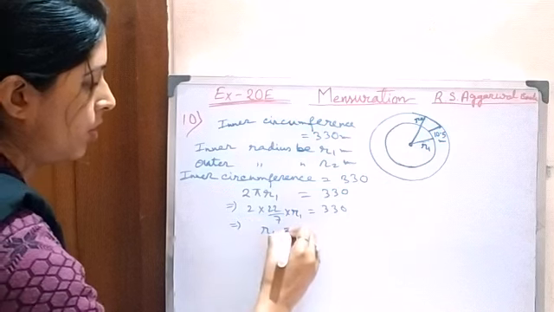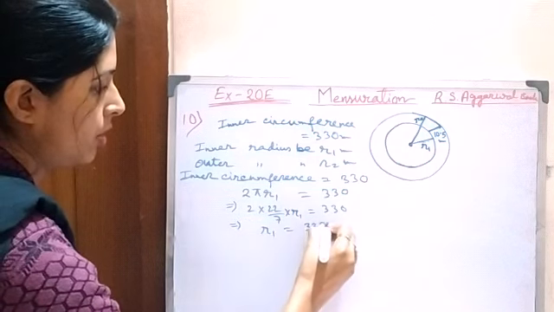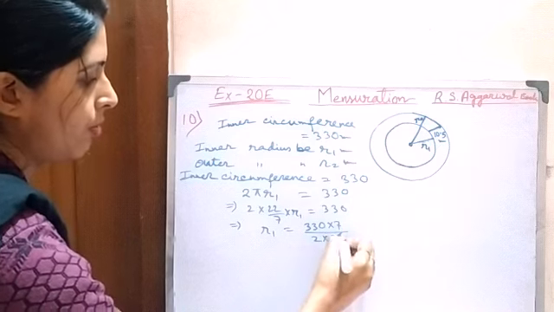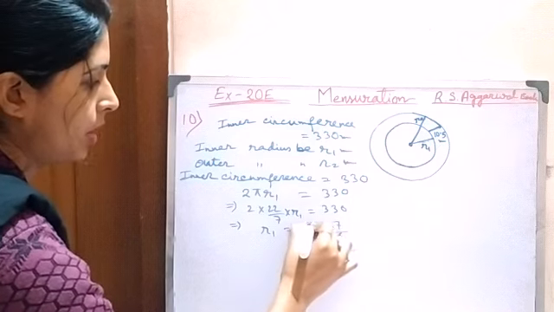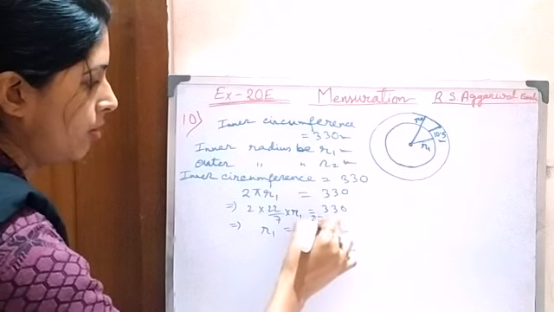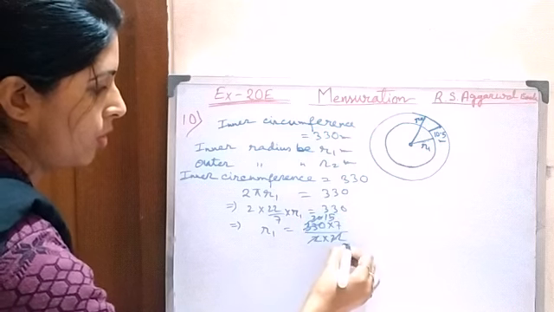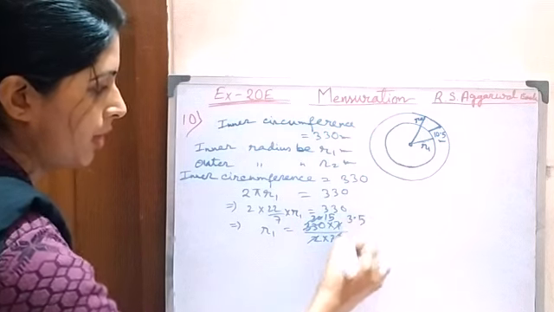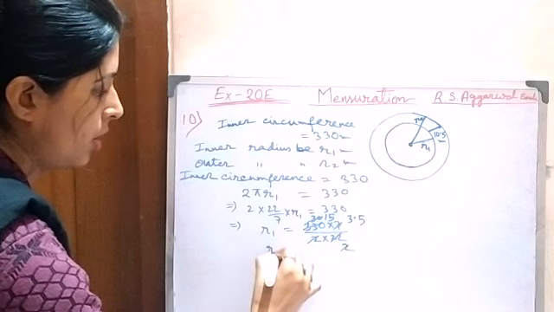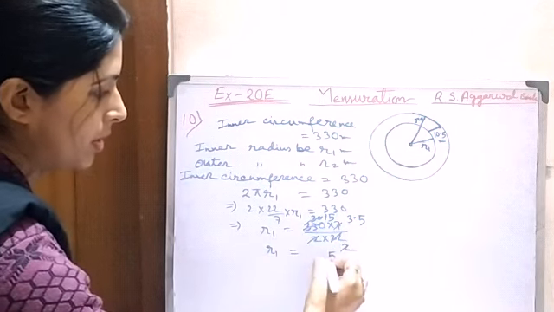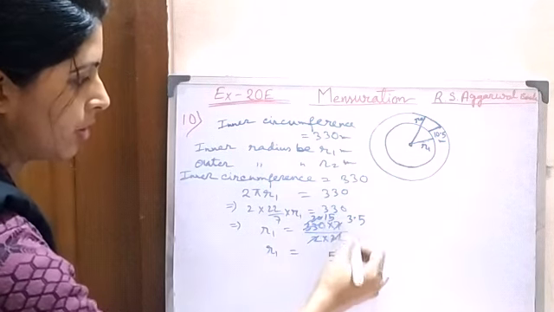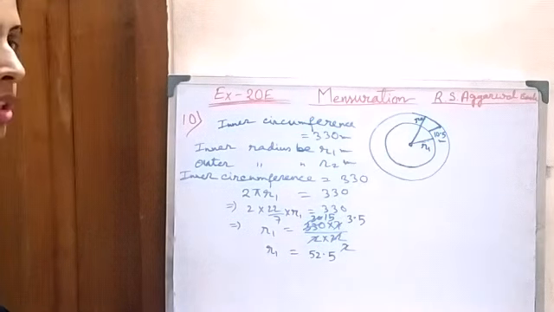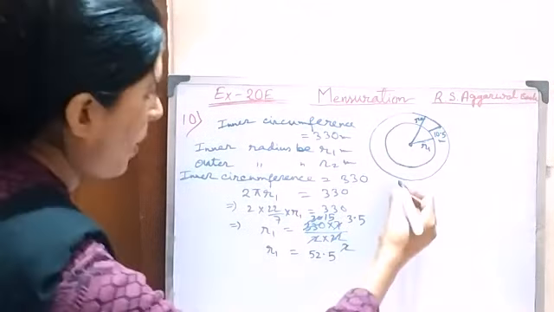That is R1 equal to 330 into 7 divided by 2 into 22. By 11 it can be cut. Then by 2, then by 2 this one, 2 3s are 6. 15 5s are 75, 7 carry, 15 3s are 45 plus 7, that means 52.5. That is the inner radius.